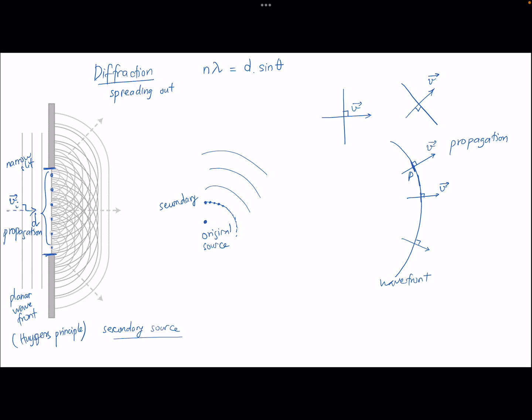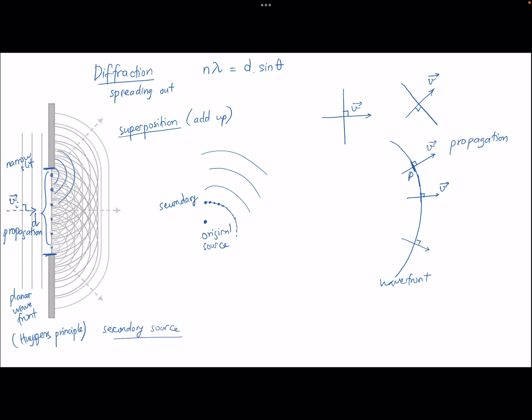But what's the point here? The point is that from each secondary wave, you can have other mini waves like this, right? It always spreads out. But in the end, when you have them superposed, based on the superposition principle, it basically means adding up.